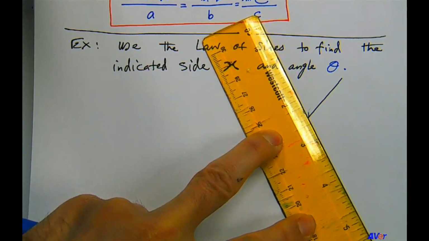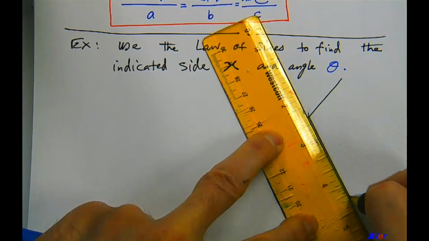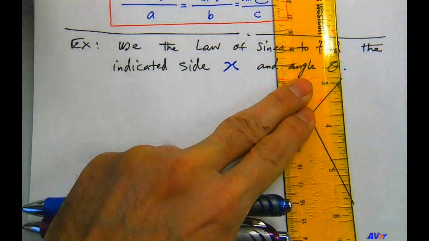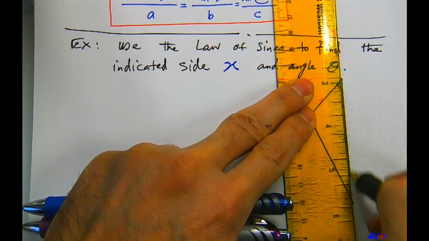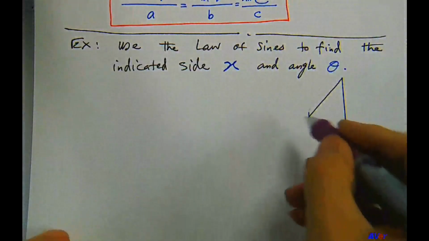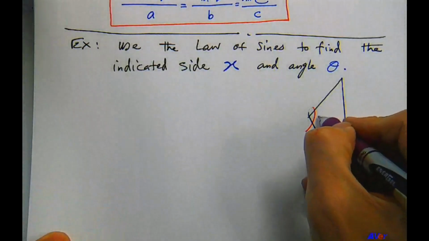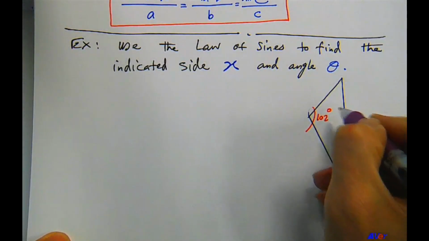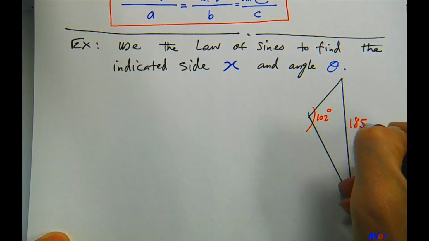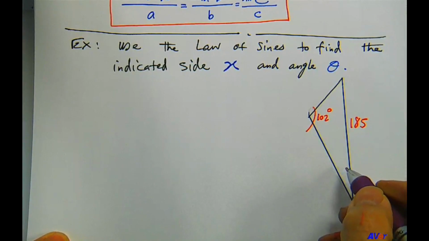And an angle aside like this. And of course, let's connect those two vertices like that. Okay, so this would be 102 degrees. We are given all this information. The length of this side is 185 units.